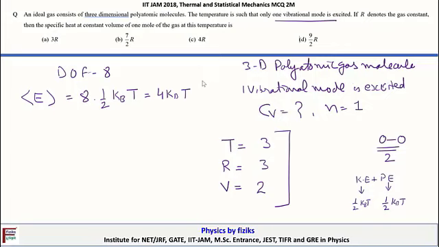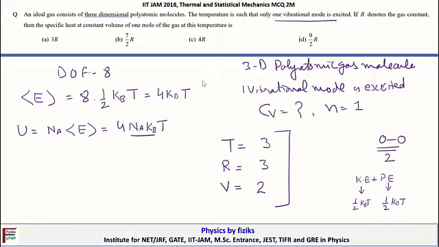But now we have to calculate this value for 1 mole of such a gas. Let's say that is U. It will simply be Avogadro number multiplied by the average energy per gas molecule, that is equal to 4 NA kBT.